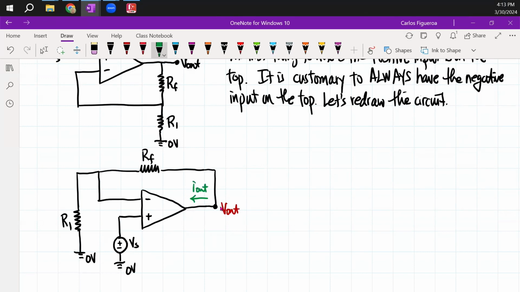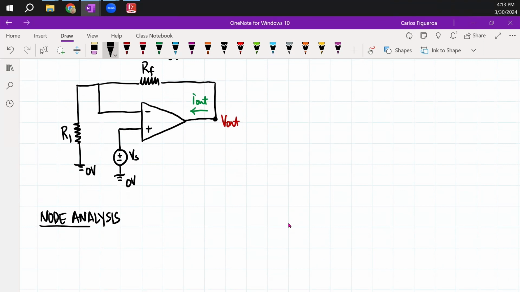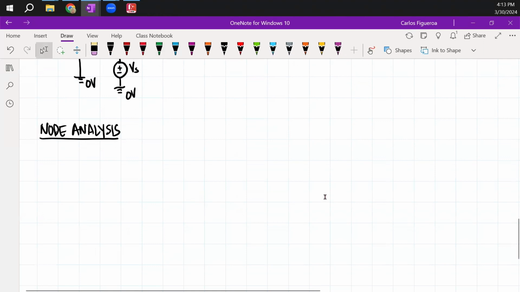I want to use node analysis first and then calculate those two quantities for this amplifier. So we're going to apply both techniques to do that. The first one I'm going to do is use node analysis. We've talked about how to apply node analysis when you're dealing with op amps. So here we go.